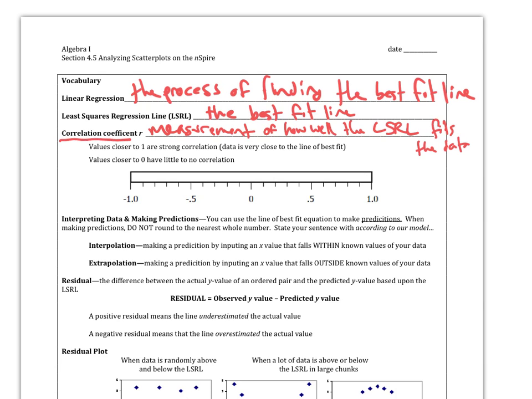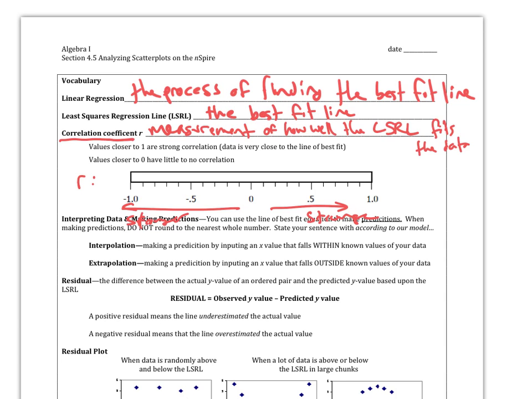R, what we call the correlation coefficient, is another measurement. This little table here represents R. R can go from -1 to +1. -1 and +1 are both perfect correlations, and 0 is no correlation. So we say off to the right, these are stronger, and these are stronger off to the left.